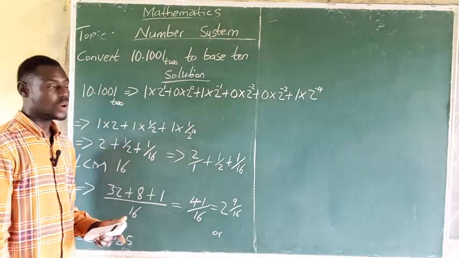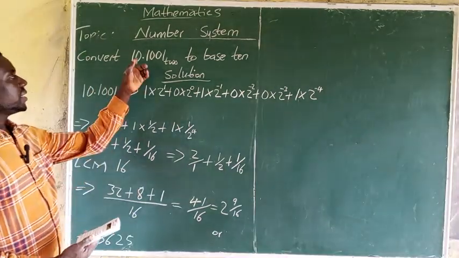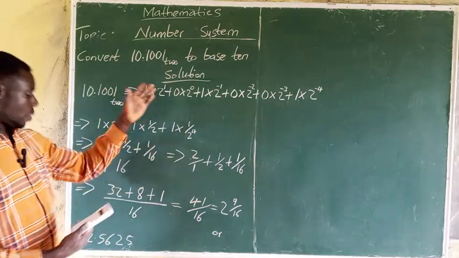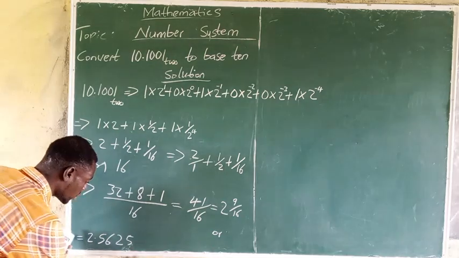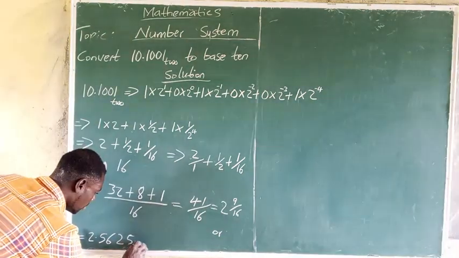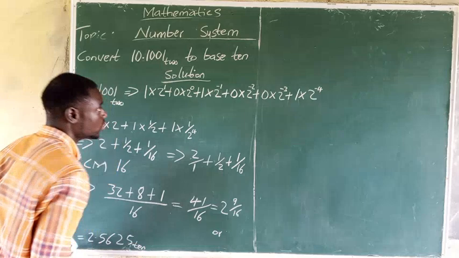So this is how we convert when you have a decimal point, converting from base 2 to base 10.